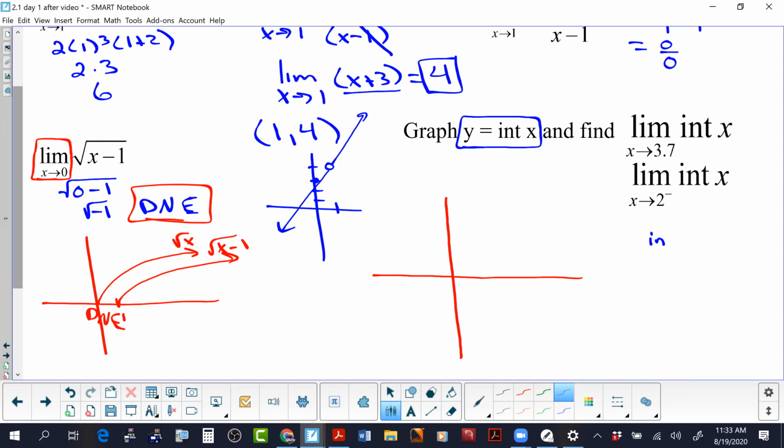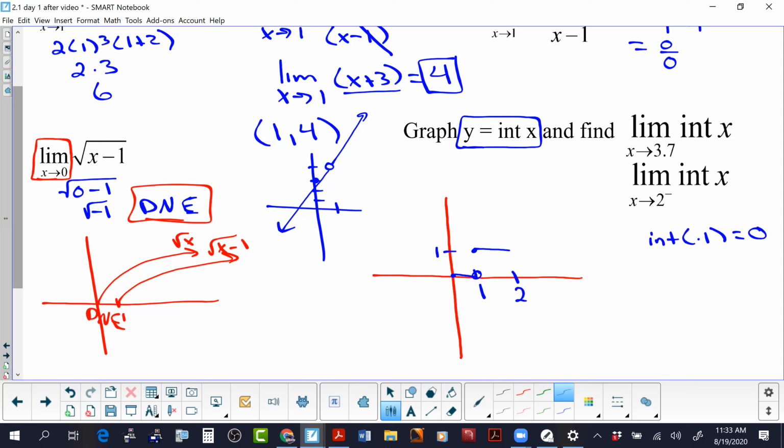So the greatest integer function of 0.1 is 0. The biggest integer not bigger than 0.1 is 0. So anything between 0 and 1 will just be 0. Open dot on 1 because when you get to 1, it becomes 1.